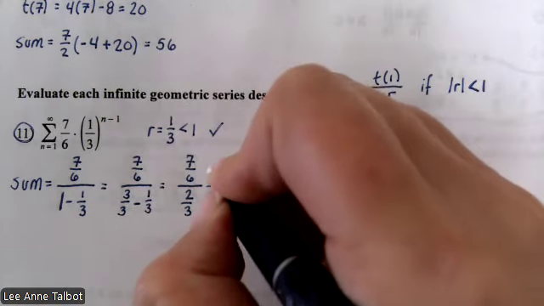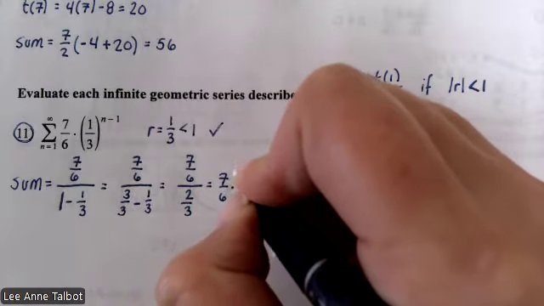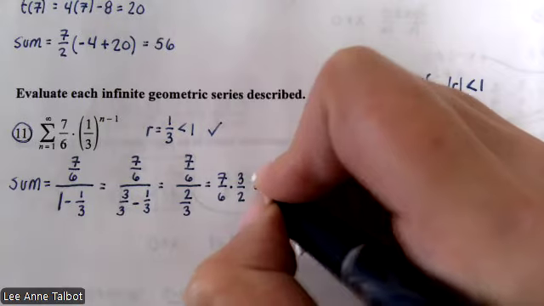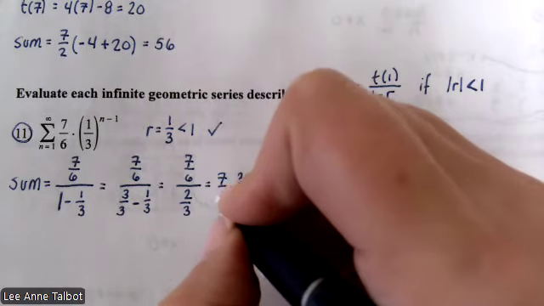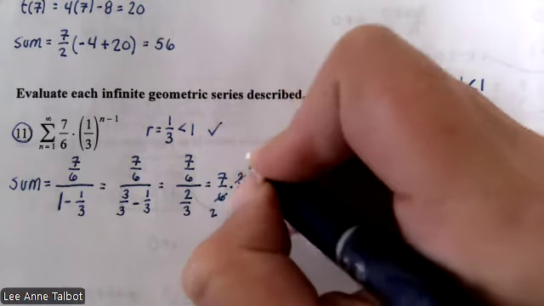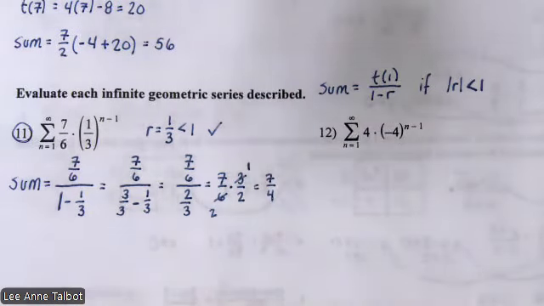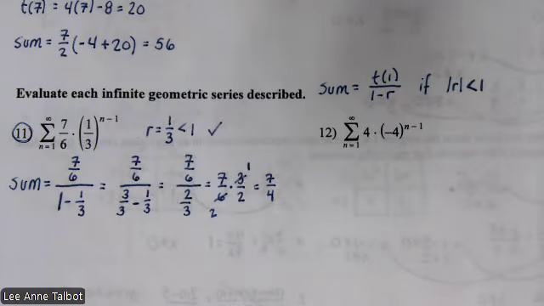Keep change flip. 7/6 times 3 over 2 equals 7/4.